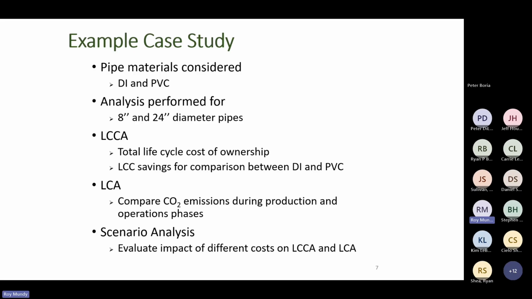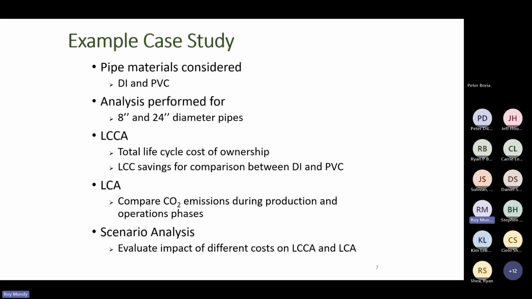Now, this particular research study was conducted focusing on, number one, two materials: ductile iron pipe and PVC pipe. With this approach, you could actually put other alternate materials in those categories.